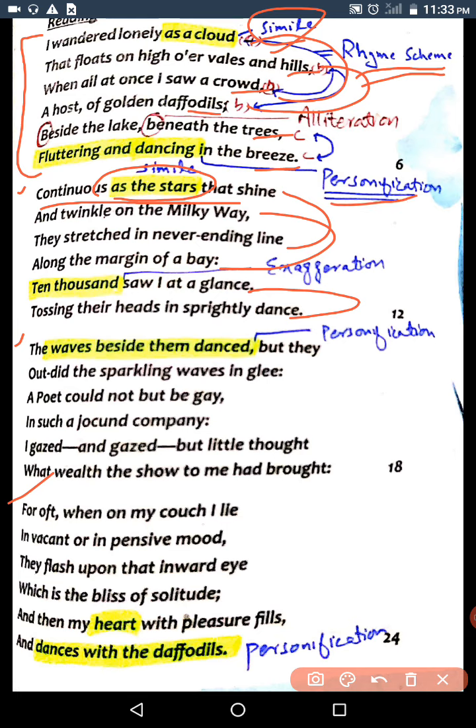Personification. Look, fluttering and dancing in the breeze. In this stanza, the daffodils are dancing. So dancing is the quality of human beings. Lifeless objects cannot dance. So this is personification in this line. Similarly, look at this. The waves beside them danced, but they.